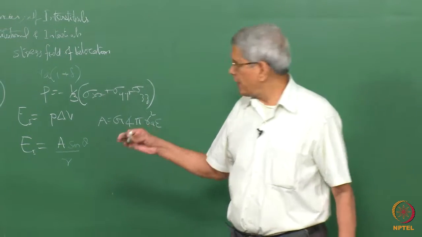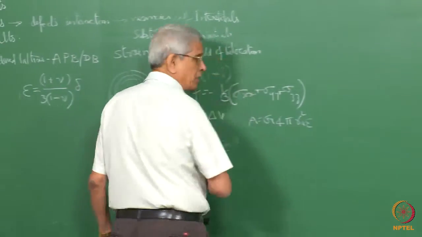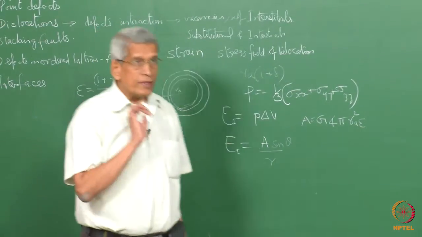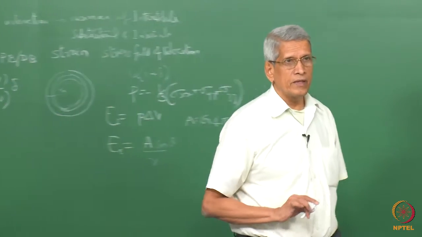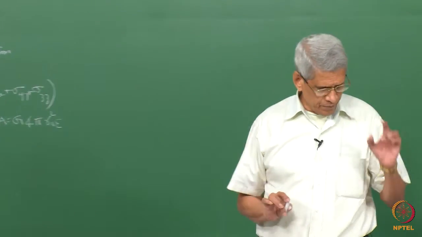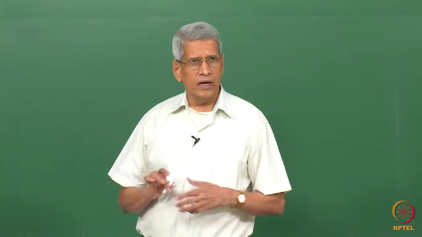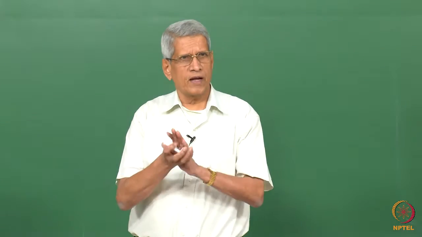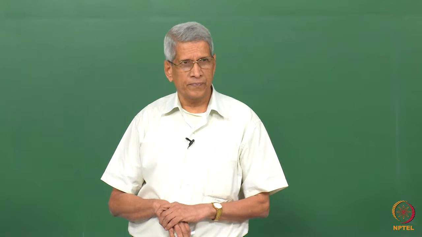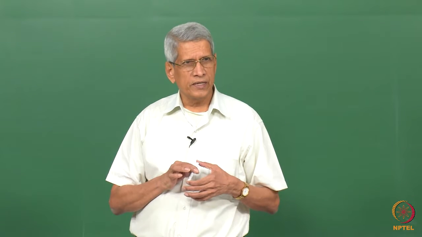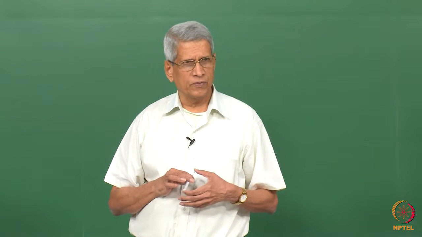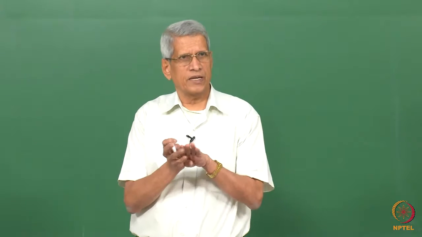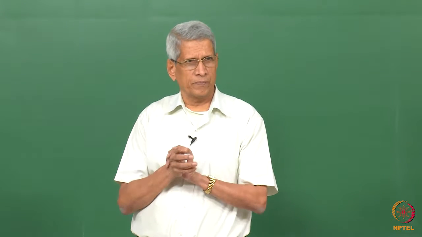The sign of interactions will change depending upon that. Not only that, this interaction energy also tells that there is a sort of binding between the defect and the dislocation. If the energy is negative, it is getting attracted towards the dislocation.